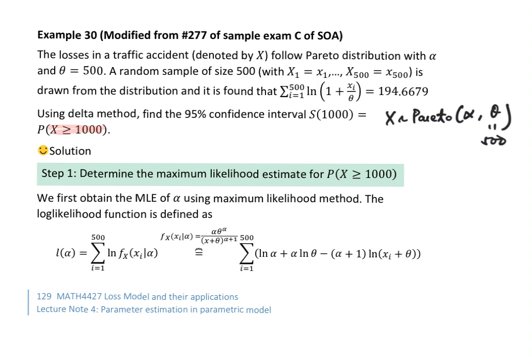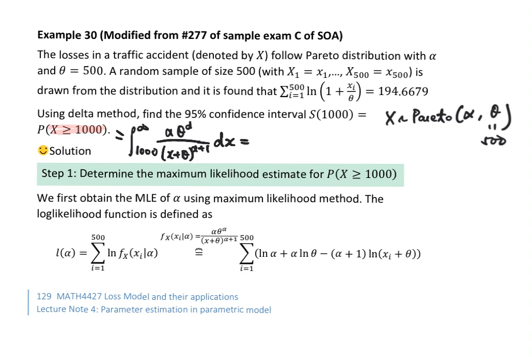Given that S follows the Pareto distribution, you can get this probability by computing an integral. You integrate the PDF of the Pareto distribution from s equal to 1,000 up to infinity.